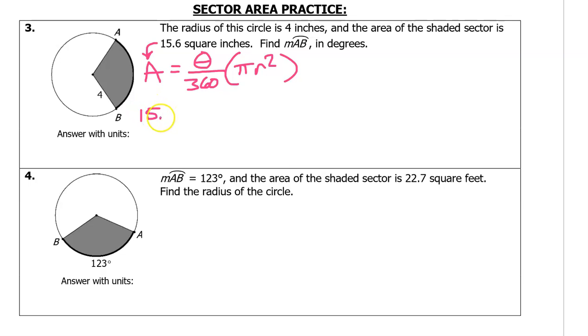So we know that 15.6 is equal to theta over 360, times pi. The radius is 4, so this would be pi 4 squared. We might as well go ahead and square this, and we'll get 16. I welcome you to skip this step and go straight to what I'm about to write next.